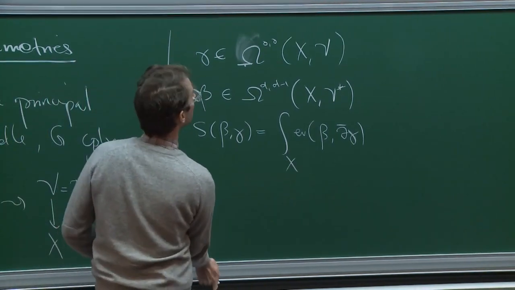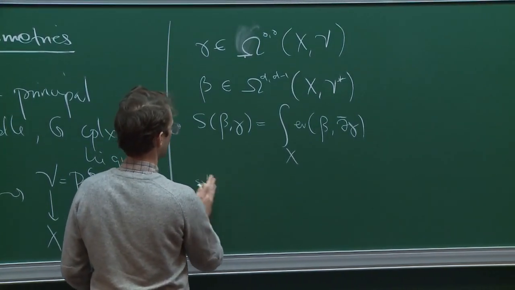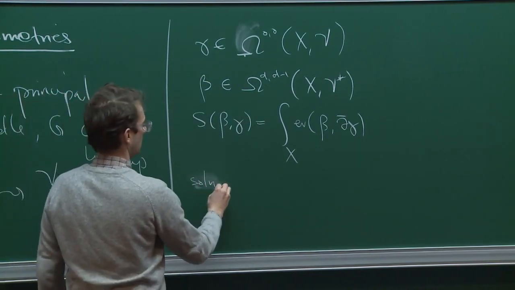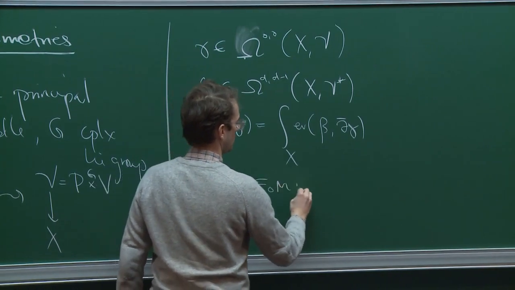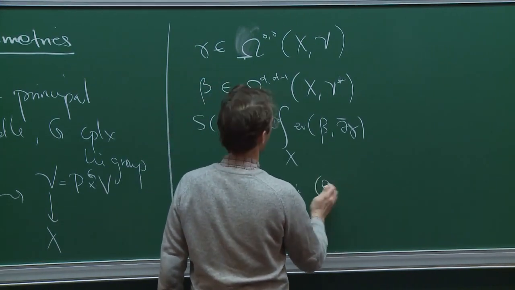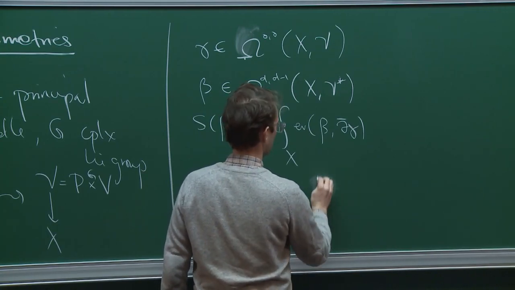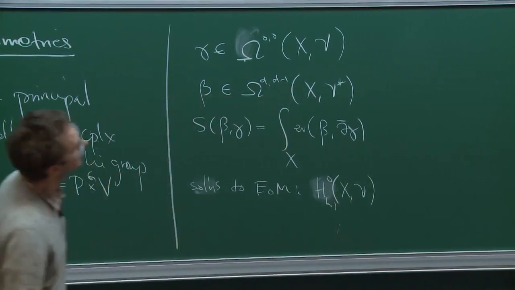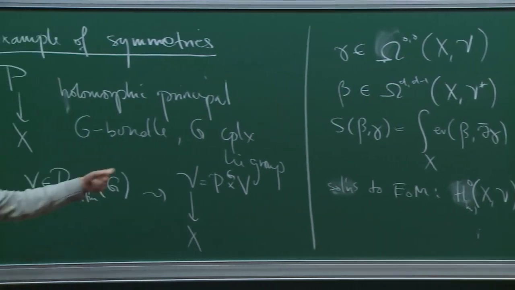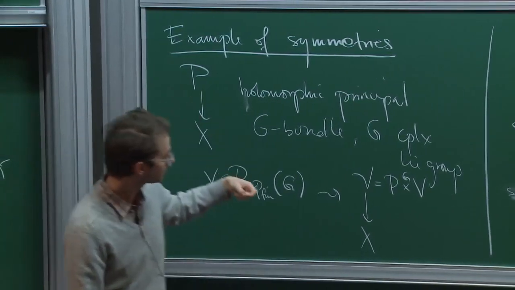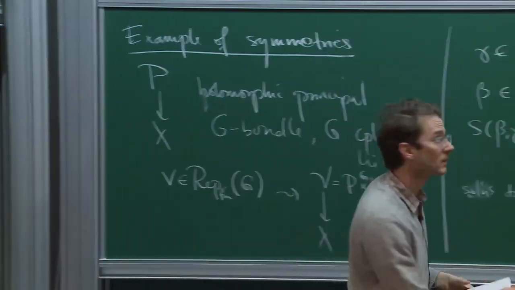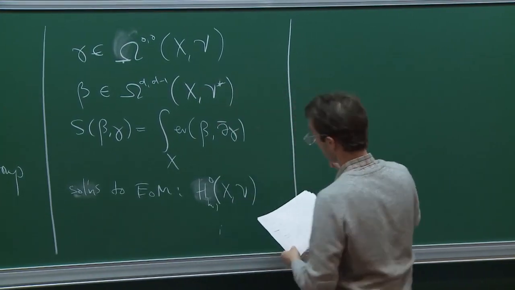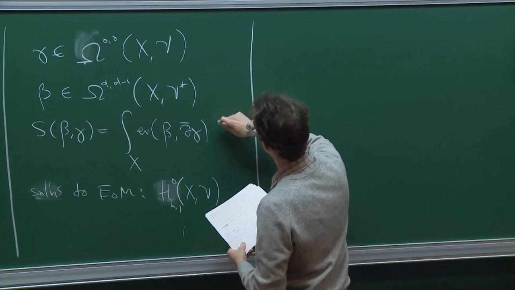So now solutions are, again, holomorphic sections of V. But now I have an extra symmetry to take advantage of. There's the automorphisms of the principal bundle, which will act on these solutions as well. So there's going to be an action of the Lie algebra. So this is a kind of charged beta gamma system.